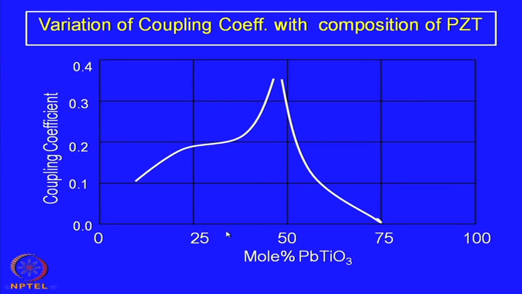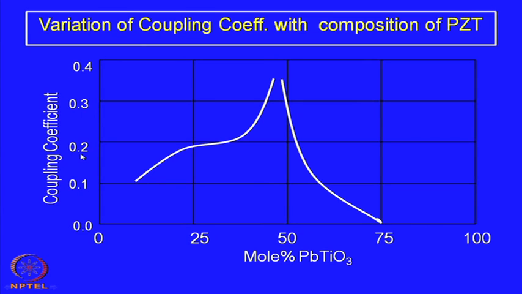Once again, it is plotted as a function of mole percent lead titanate, and here what we plot is the coupling coefficient. So, that is one of the very important properties of piezoelectric materials.